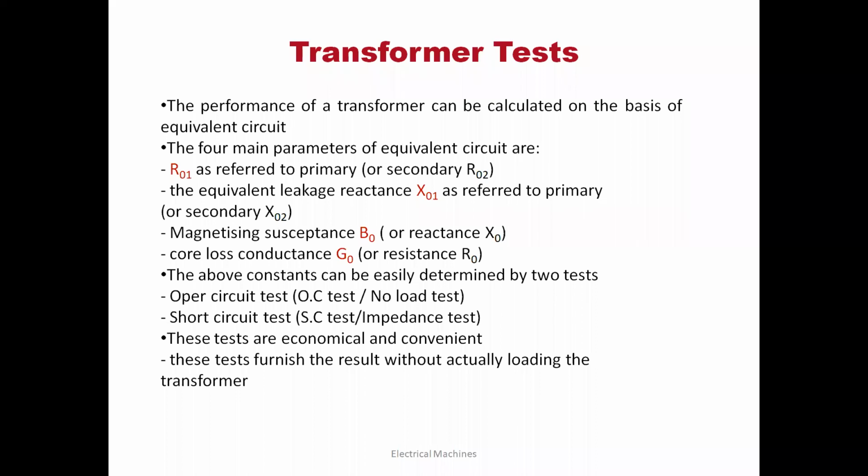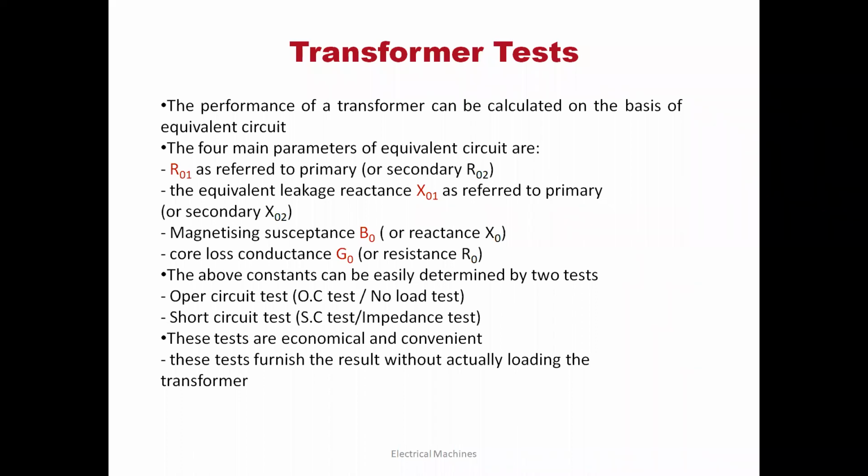Now we do the testing, because from open circuit and short circuit tests we calculate the equivalent circuit parameters, copper loss and iron loss. We perform certain tests on the transformer, like measurement of winding resistance, iron loss, full load copper loss, then equivalent parameters.